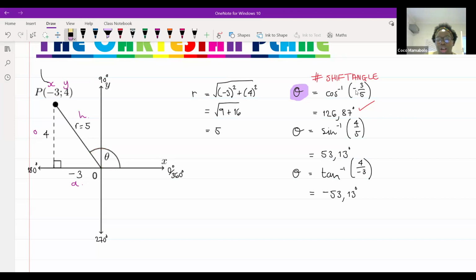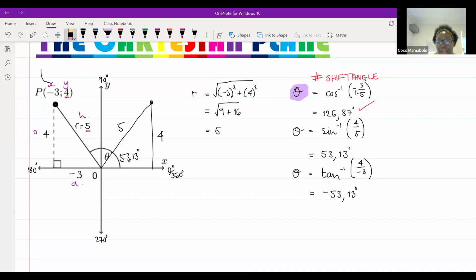So what your calculator is actually doing when you punch in the values of sine, because sine is +4 over here and your r is positive over here, is it's reflected this thing in that direction. So it's used 4 over 5, and what it's given you is that tiny little angle over there, right?